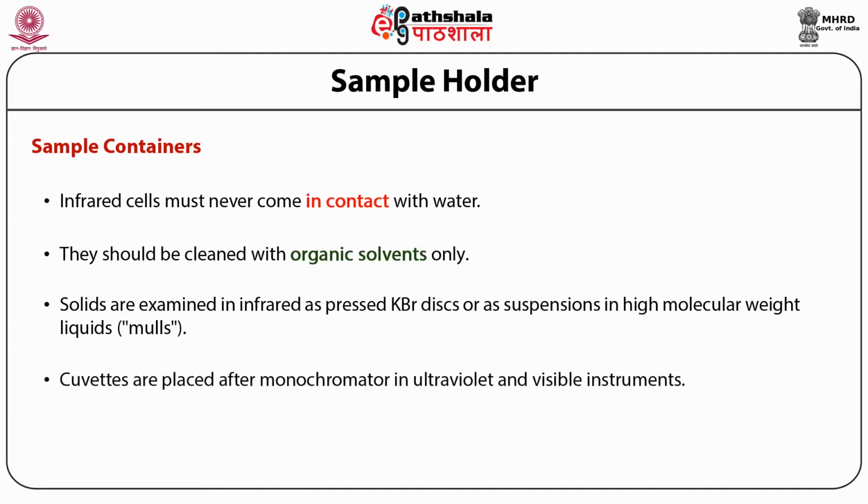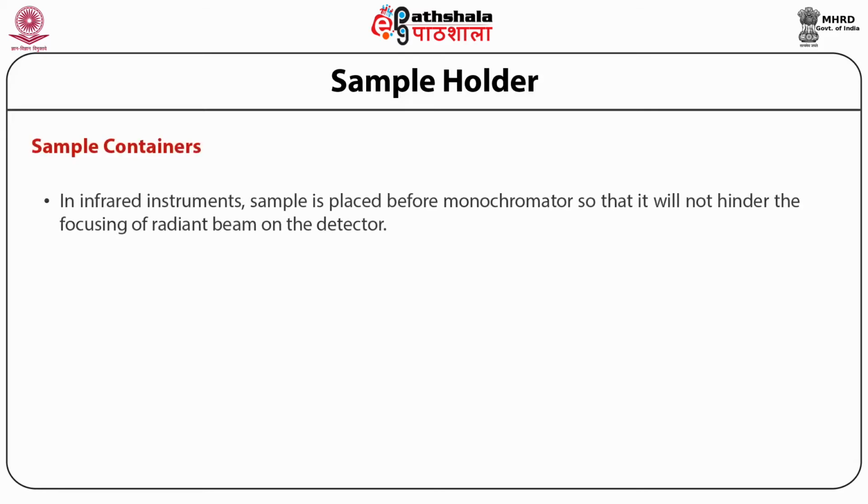Cells or cuvettes are usually placed after the monochromator in ultraviolet and visible instruments in order to minimize possible decomposition or fluorescence, which might be caused by other high frequency wavelengths of the unresolved radiation. In infrared instruments, the sample is placed before the monochromator so that it will not hinder the focusing of the radiant beam on the detector.